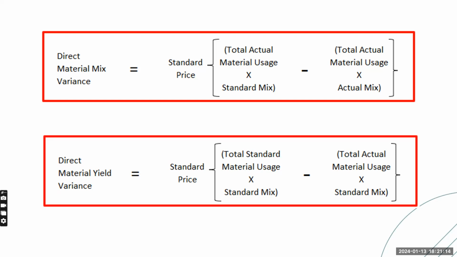Now we look at how the impact changes if the upper variable changes. See, standard minus actual. In the upper one it is actual minus actual but the mix changes. Here it is the standard mix itself but the upper factor changes. That is the difference. Okay.